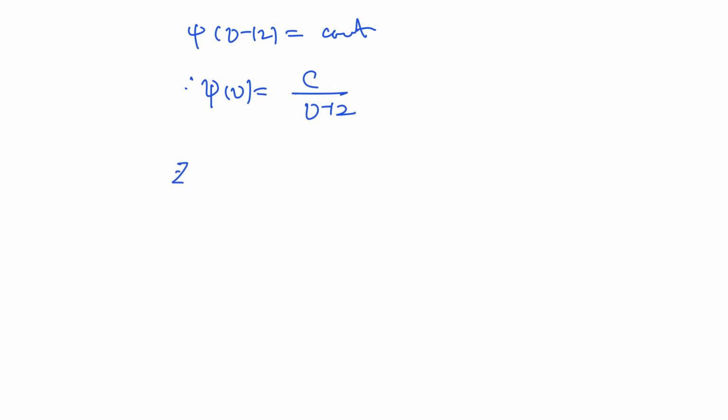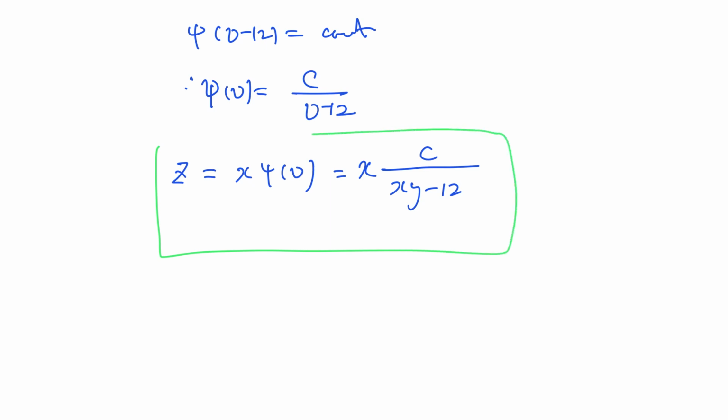And since we have z is x times psi of v, it is x times c over xy minus 12, some constant. So this is pretty much about the first order differential equations.